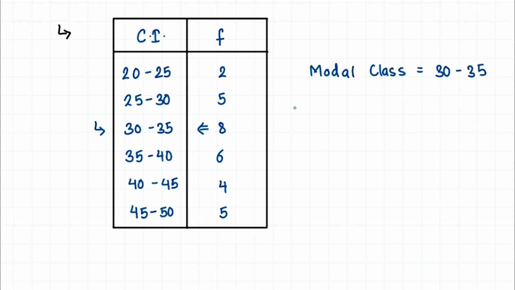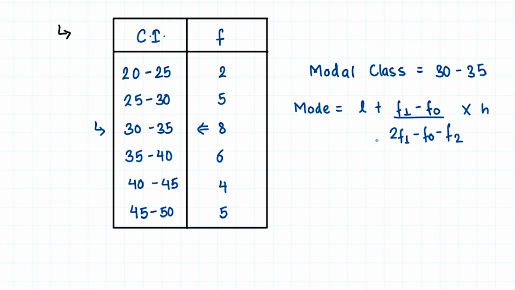To find the mode, you have actually a particular formula, okay? And that formula is equal to L plus F1 minus F0 divided by 2F1 minus F0 minus F2 times H, okay?